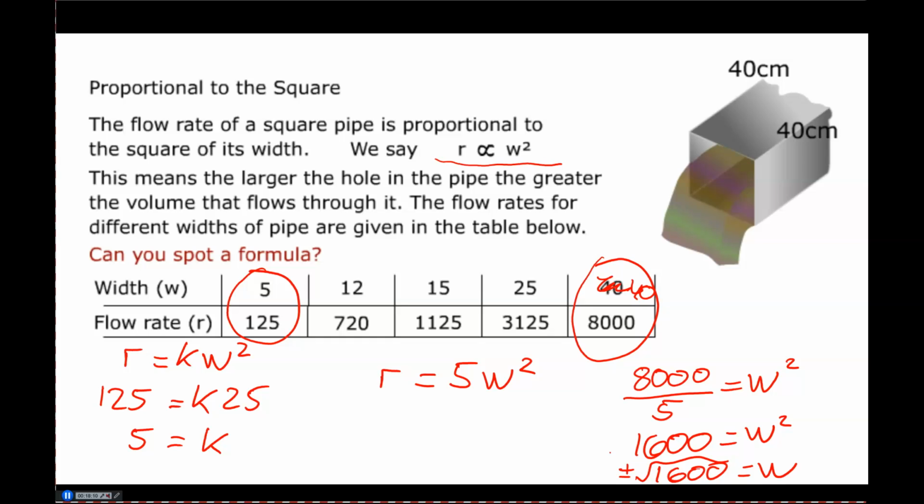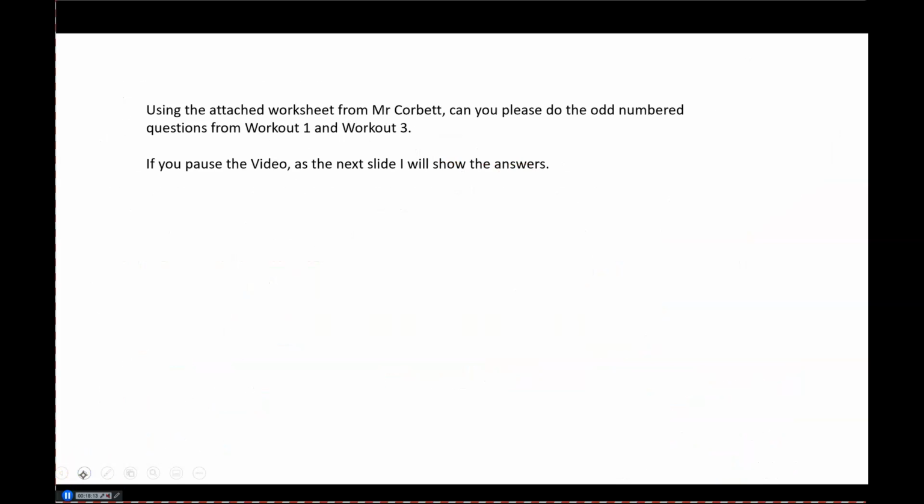Okay, so your activity for today, 2 workouts. I've put the whole sheet on, but we'll be doing workout 2 and workout 4 probably tomorrow. So workout 1 and workout 3. Workout 1, very straightforward questions. Workout 3 brings in squares and cubes and cube roots.